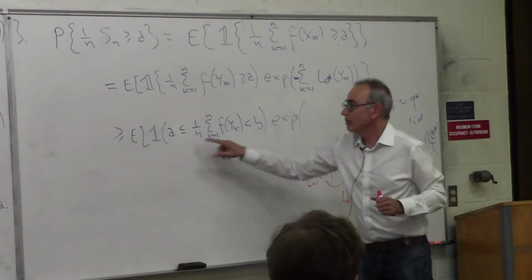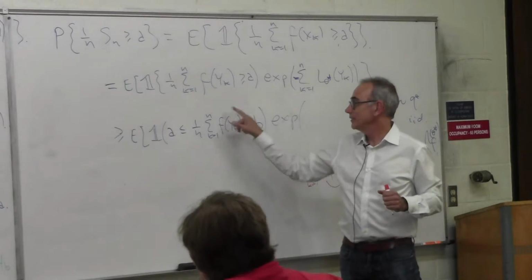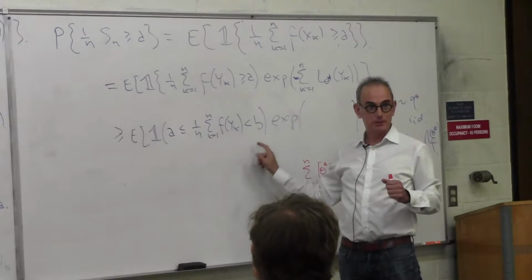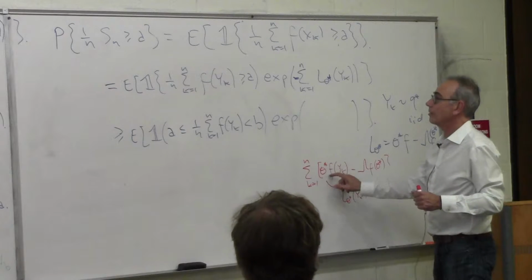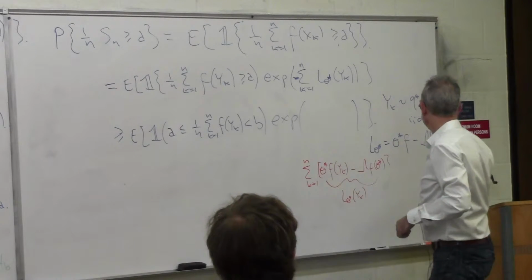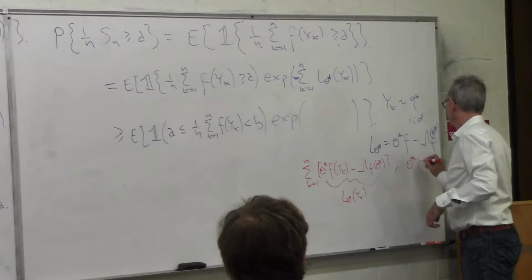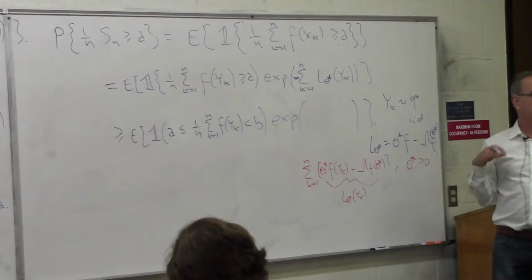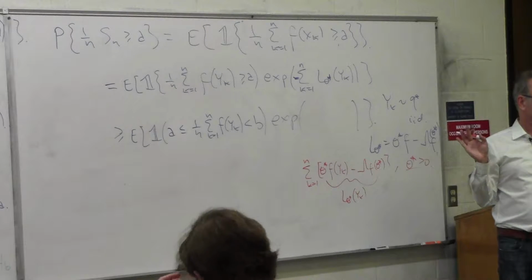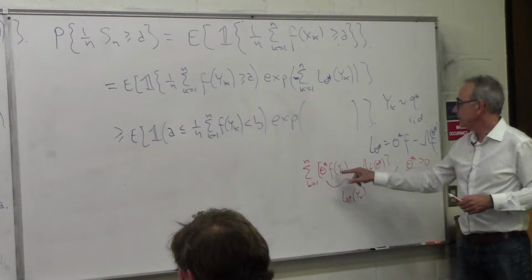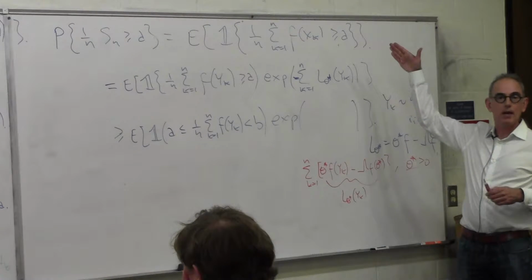So this is 0 unless this average is between these two bounds, right? And theta star is positive. We were maximizing over theta greater than 0, all right? So I can replace this f by b to get an upper bound.